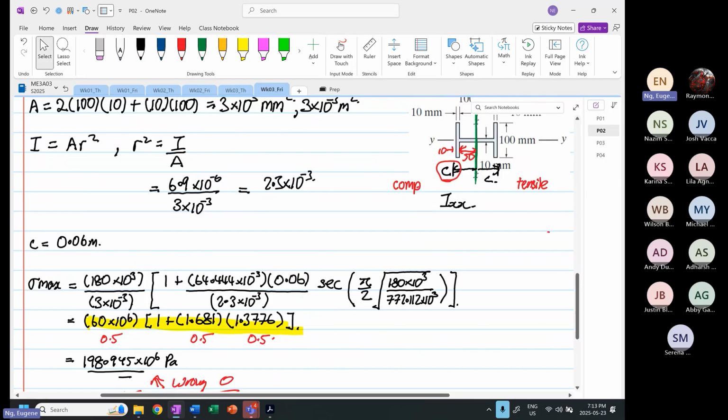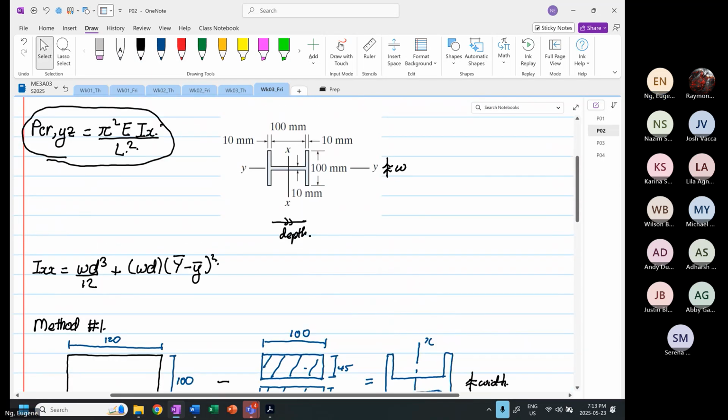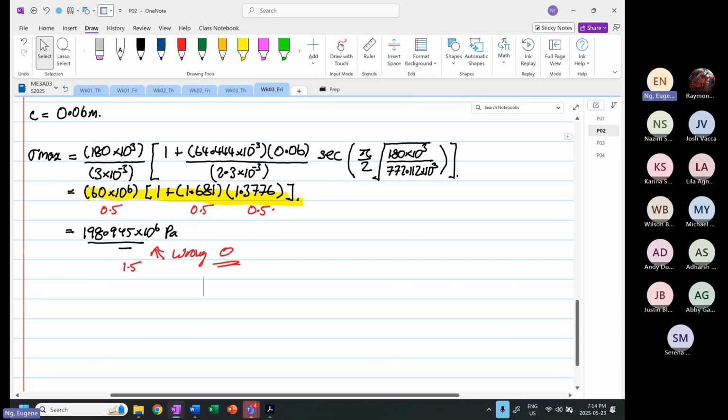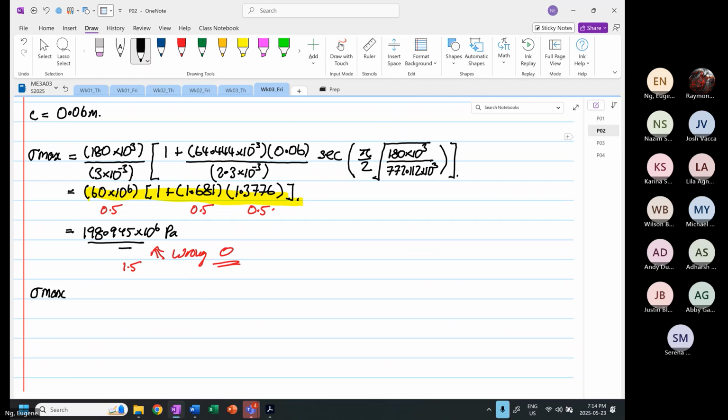Okay, so we have calculated that this is equal to 198.945. So given in the question, if we look at the question, the yield is 360. So we can write down here that the stress max is less than 360 times 10 to the power 6 Pascal.